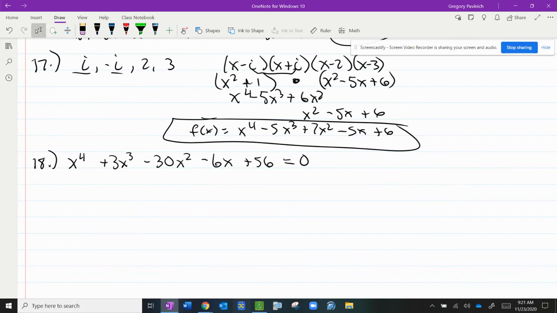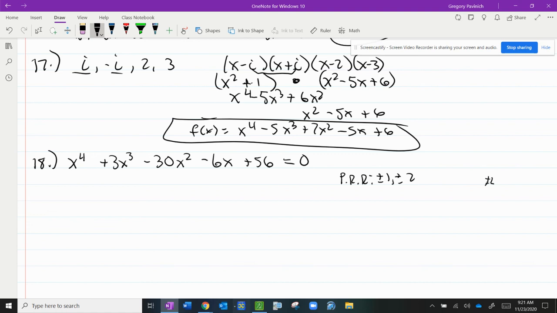All right, so the first thing that I would do on number 18 would be find all my possible rational roots, what I want to synthetically divide by, which are just going to be all the factors of 56, plus or minus 1, plus or minus 2, because 56 divided by 2 is 28.